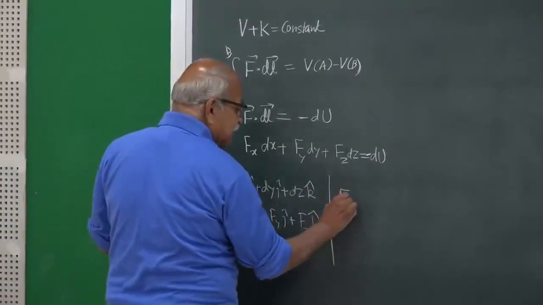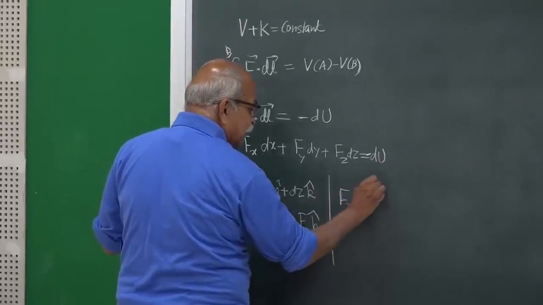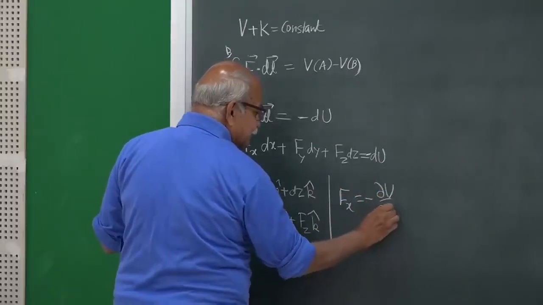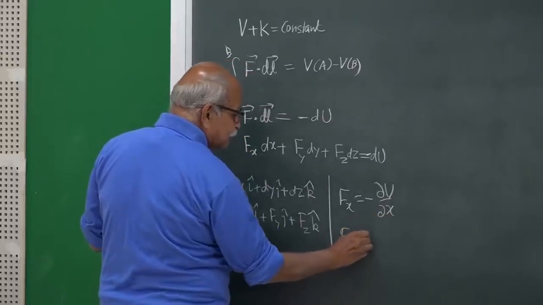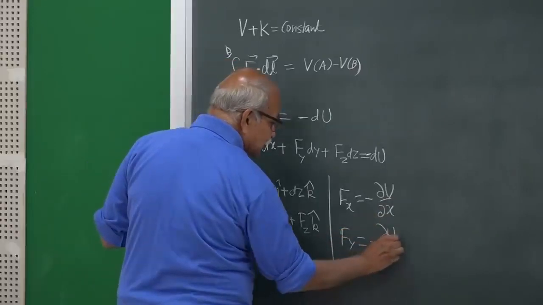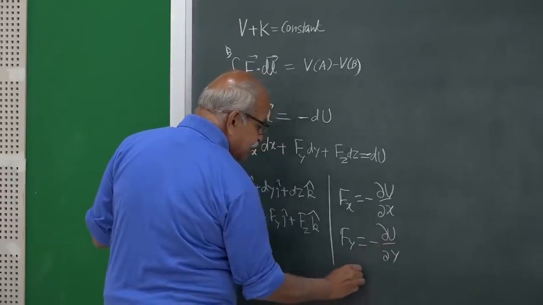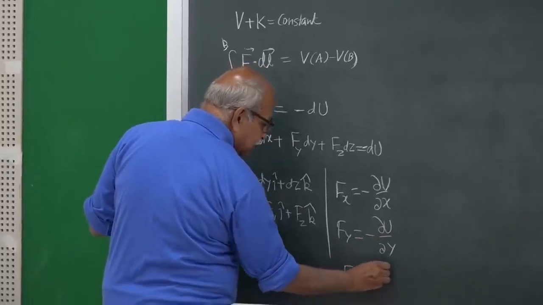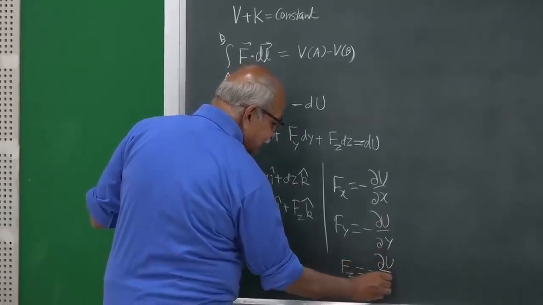So, Fx from this equation is minus del V del x, and similarly Fy is minus del V del y, and Fz is minus del V del z.